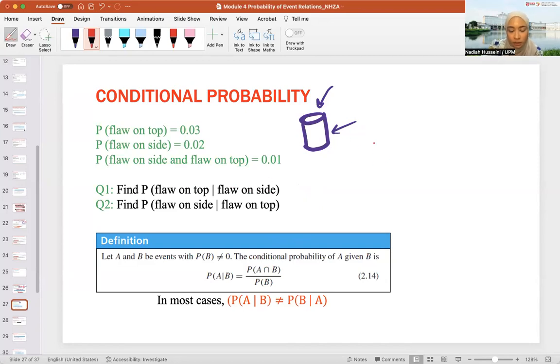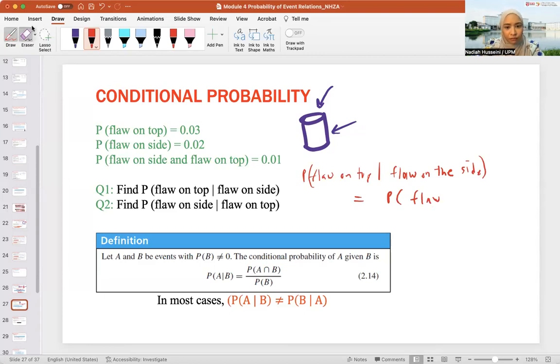My equation will be P flaw on top given flaw on the side, and this is going to be equal to probability of A intersect with B, which means probability of flaw on top.